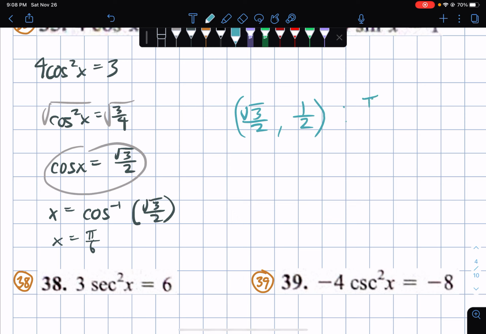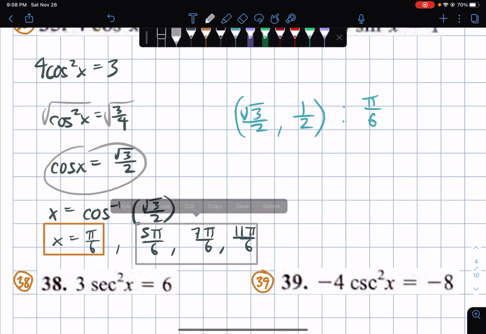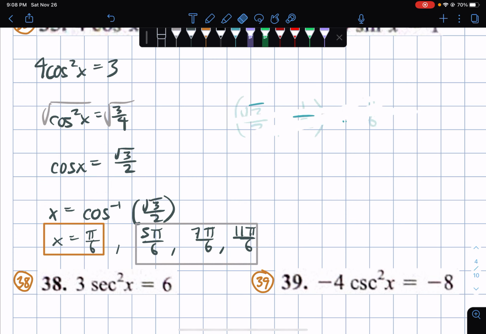And this would obviously correspond to pi over 6. Hence, we have pi over 6. And according to the book, there are other solutions. That would namely be 5 pi over 6, 7 pi over 6, and 11 pi over 6.